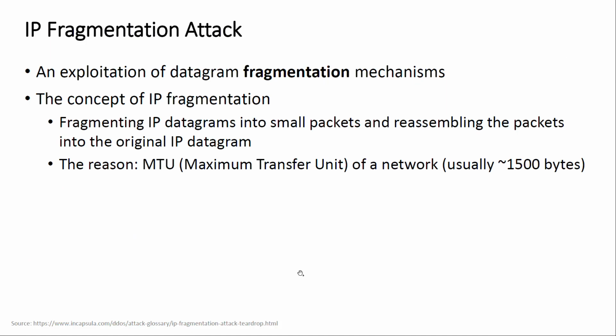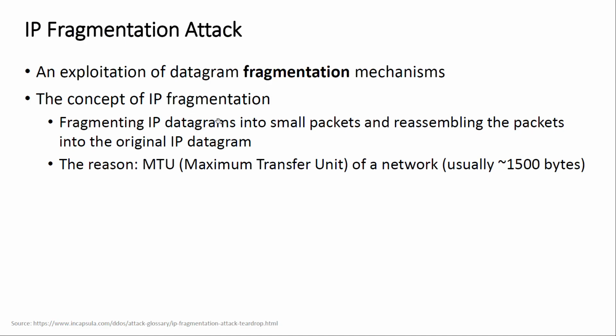IP fragmentation attack is also another attack where the datagram fragmentation mechanism is exploited. The concept of IP fragmentation is as follows: fragmenting IP datagrams into small packets and reassembling the packets into the original IP datagram. So this is actually the mechanism behind it.